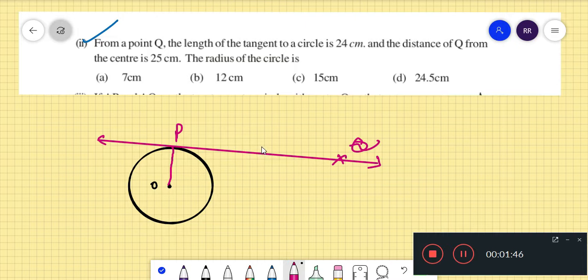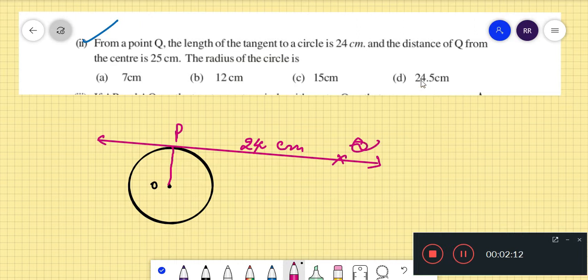This is called the length of the tangent. We have discussed this many times. Okay, the tangent is 24 centimeters. 24 centimeters.